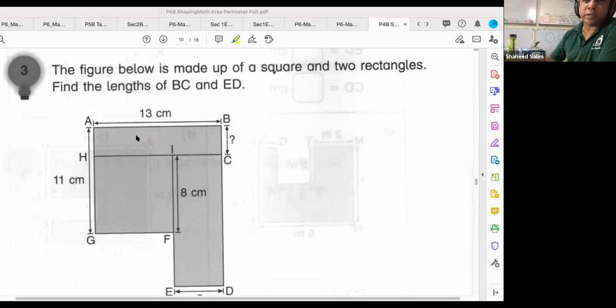Can you find the length BC? Where's BC? BC, hold on. BC is here. ED is here.